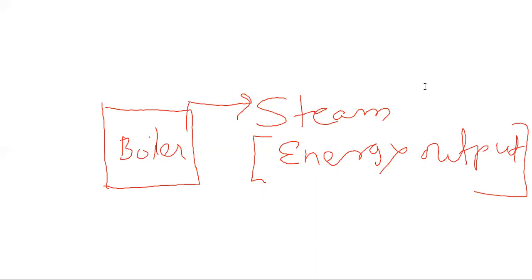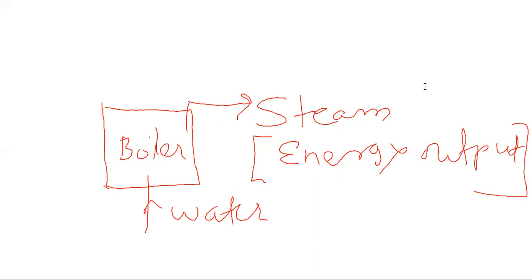So the rate of energy associated with the steam is the output of the boiler, and if you want to find the net output, then we need to subtract the energy associated with the water which is entering the boiler.